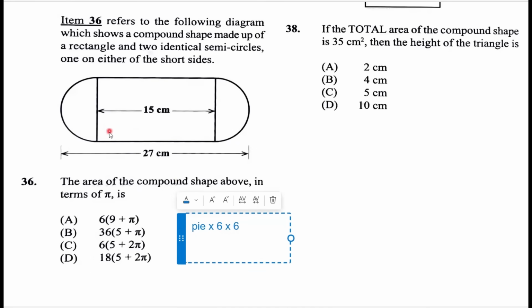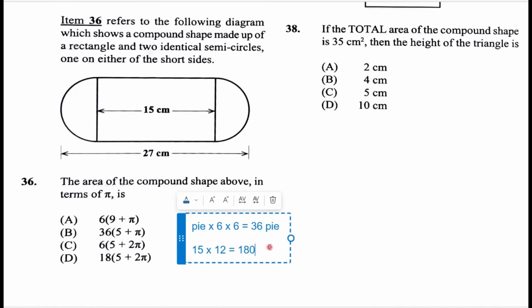So that's the area of the circle, 36 pi. And the area of the rectangle will be 15 by what? If the radius is 6, the diameter will be 12. So that's 15 by 12. Let's see. 15 by 10 is 150. 15 by 2 is 30. 150 add 30 will be 180.